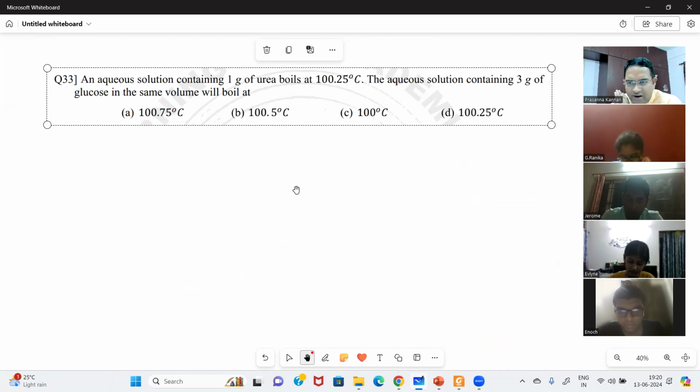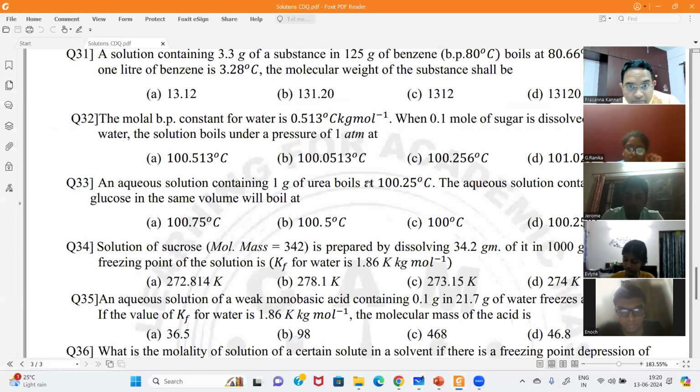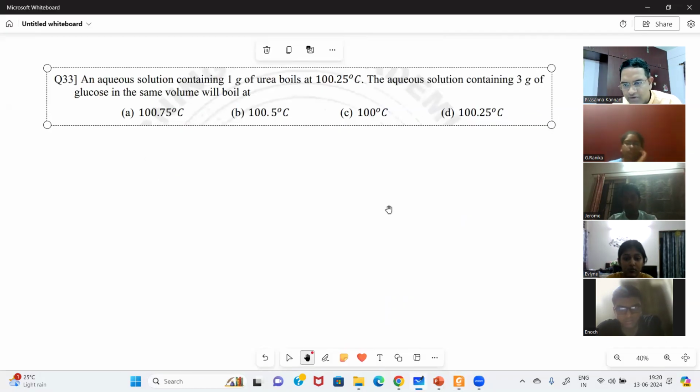One more thing you can observe in both these questions: earlier we discussed sugar, 0.1 mole of sugar, which is sucrose, and now we are talking about urea. All these are organic compounds and they do not dissociate into ions, correct? So there was no need for us to talk about abnormal colligative properties in these compounds.